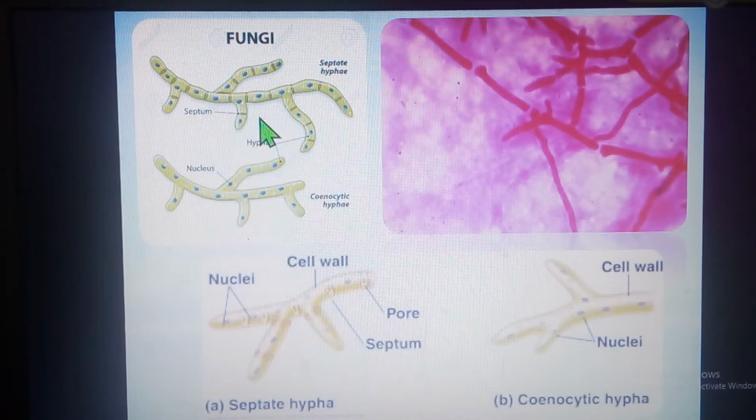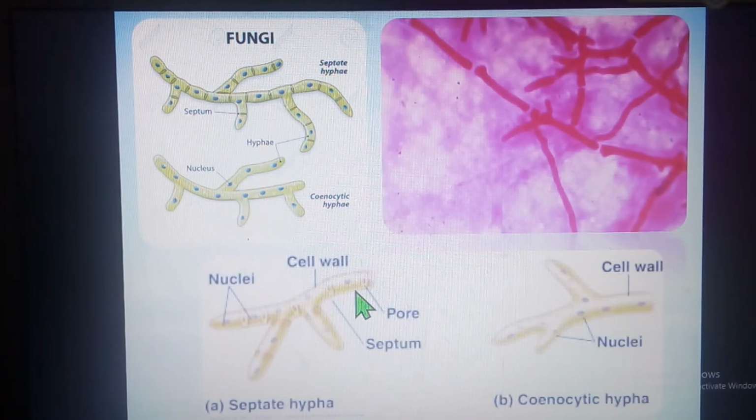So the mycelia of Puccinia is also septate. Even in this microscopic slide, we can see septation. Okay, so just remember this, that the Puccinia shows septation. It has septation and is much branched.